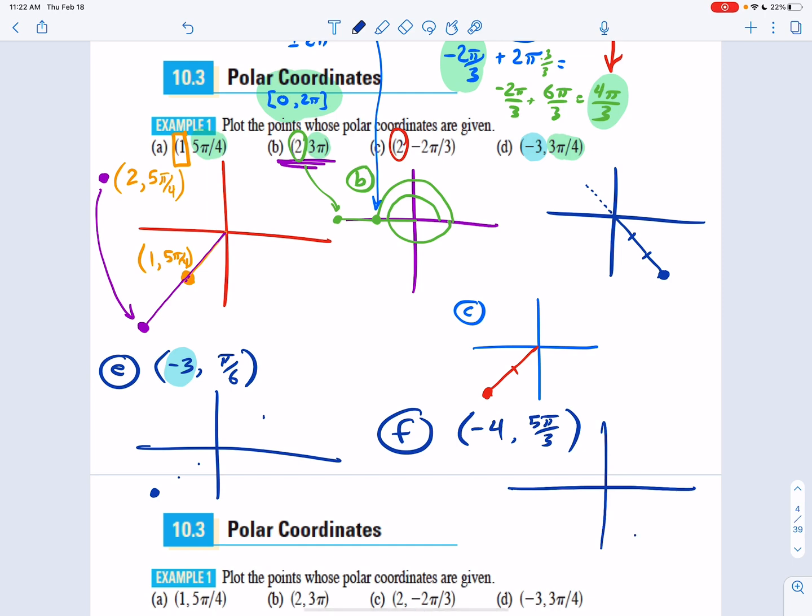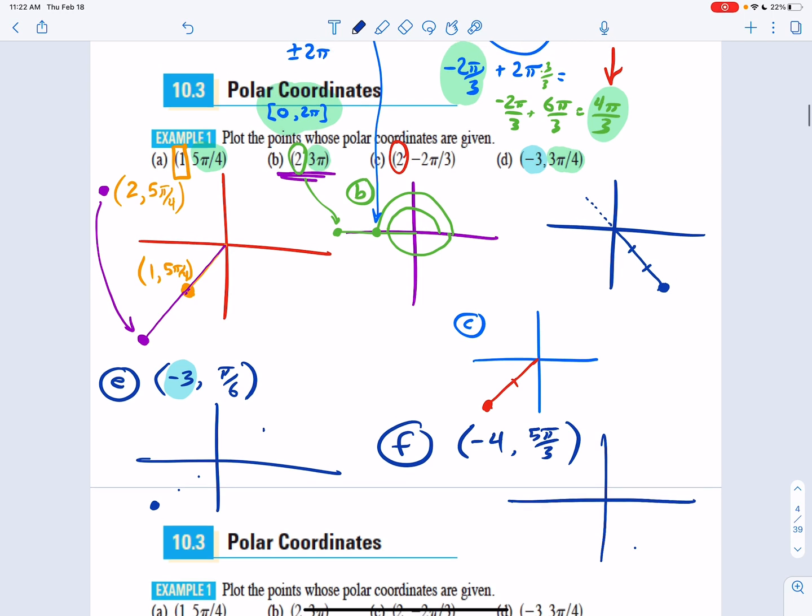So I'm somewhere down here, but since the radius is -4, I'm going to go in the opposite quadrant, which is quadrant 2. So I'm going to go 1, 2, 3, and 4. So that's my point right there. And again, it doesn't matter exactly where you are as long as you're in the correct quadrant. Okay? So that's pretty much how you quickly plot points.